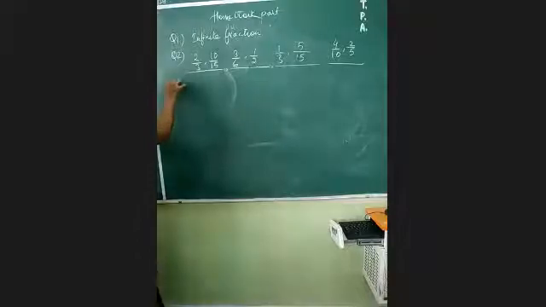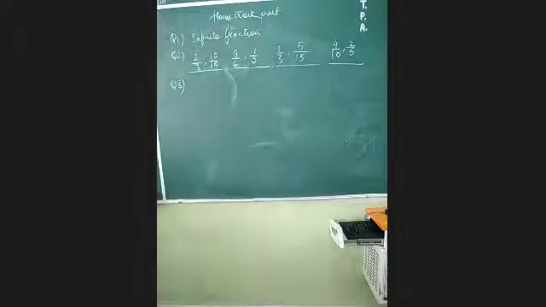Now moving on to question number 3. The question says, Mrs. Soni bought 7 whole 8 by 9 liters of milk. Out of this milk, 3 whole 5 by 7 liters was consumed. मिसेस सोनी ने कितना दूध खरीदा? 7 whole 8 by 9 liters. और उस दूध में से उन्होंने खर्च कर लिया, कितना? 3 whole 5 by 7.